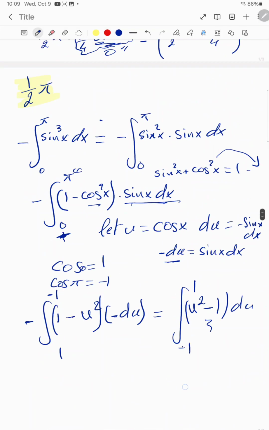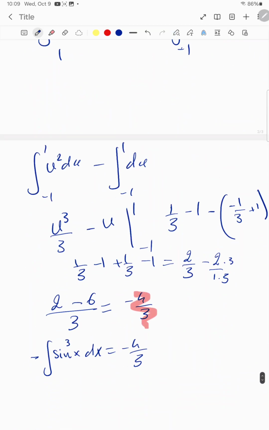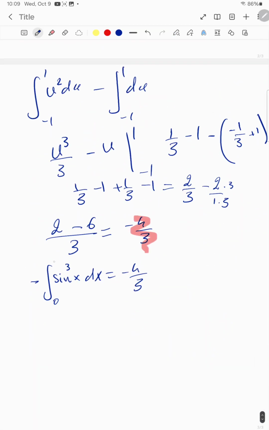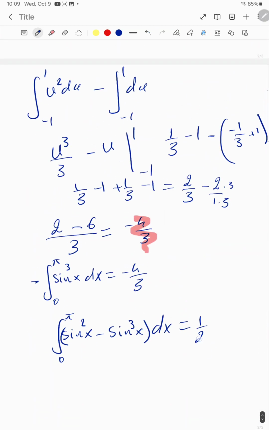And the first integral was the integral between 0 and pi of sine square of x dx. So my original integral that I was solving, sine to the power of 2 of x minus sine to the power of 3 of x, all that dx between 0 and pi, is equal to, the first one was 1/2 times pi, and the second one minus 4 divided by 3. And that would be the answer for that problem.